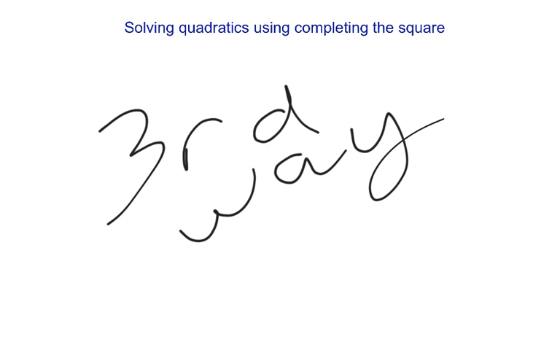She would use completing the square every single time, and was very efficient at it, and for her it was way easier than the quadratic formula, which I have to agree with on some things. It breaks it down for you a little bit better than the quadratic formula, so that's an advantage. Again, solving quadratics using completing the square, so we're going to go ahead and solve a quadratic a third way.